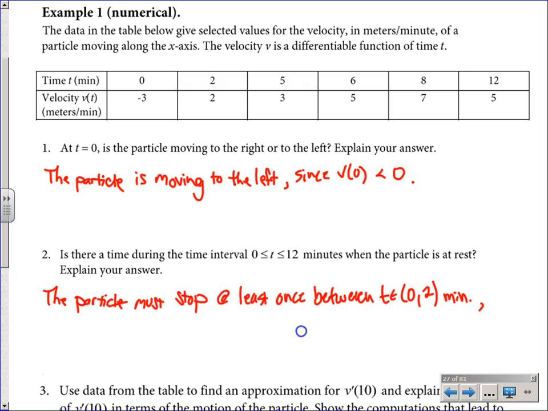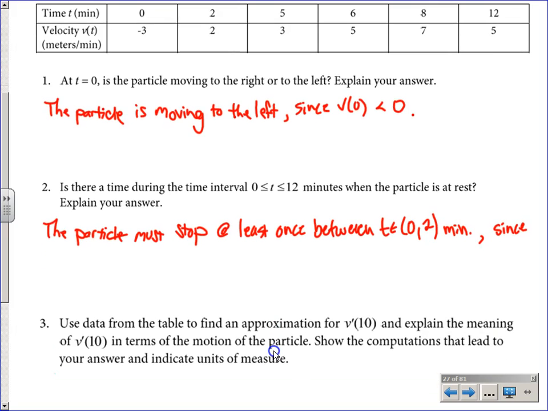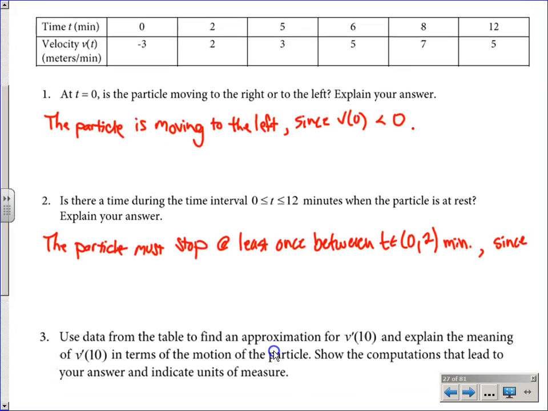What does it say? Explain. You have to have a mathematical argument to back up your claim for them to give you full points. Since the signs of velocity change? You're right. But what theorem from that, there you go. Since velocity is continuous, isn't that a given for IVT?